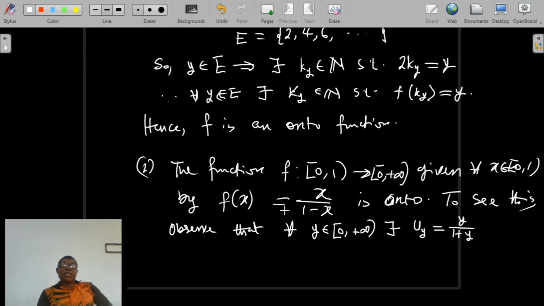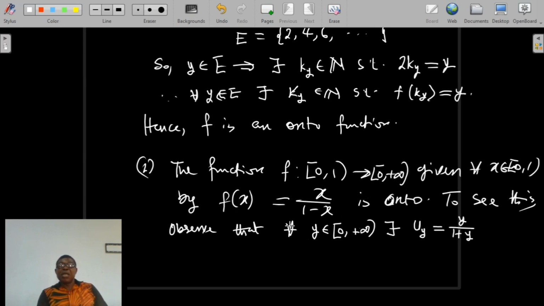So what I'm saying in effect is the following. If we're given the function f from (0, 1) to [0, +infinity), and given x in the interval (0, 1), if we define this function f by f of x equals x over 1 minus x, then that function f is onto.